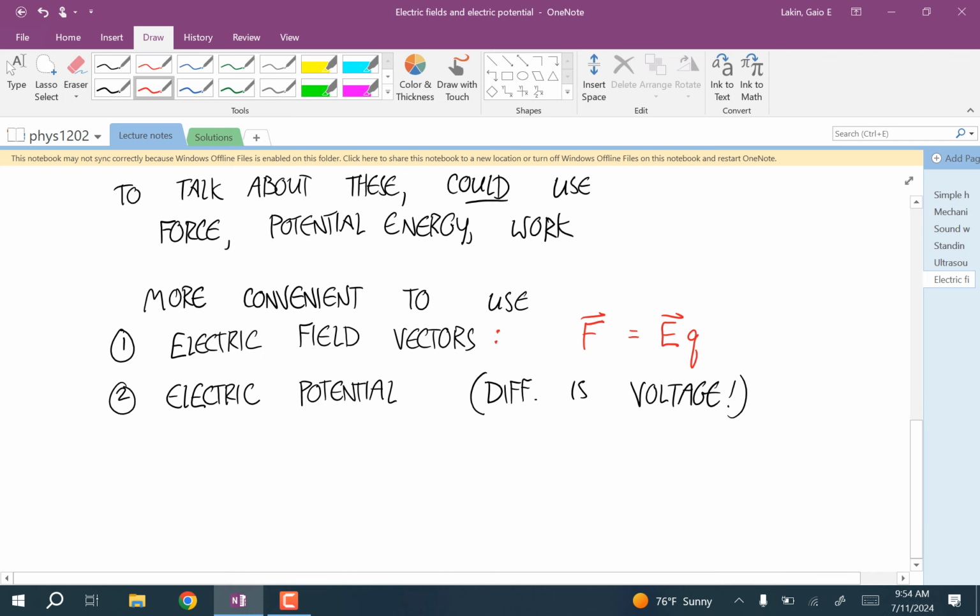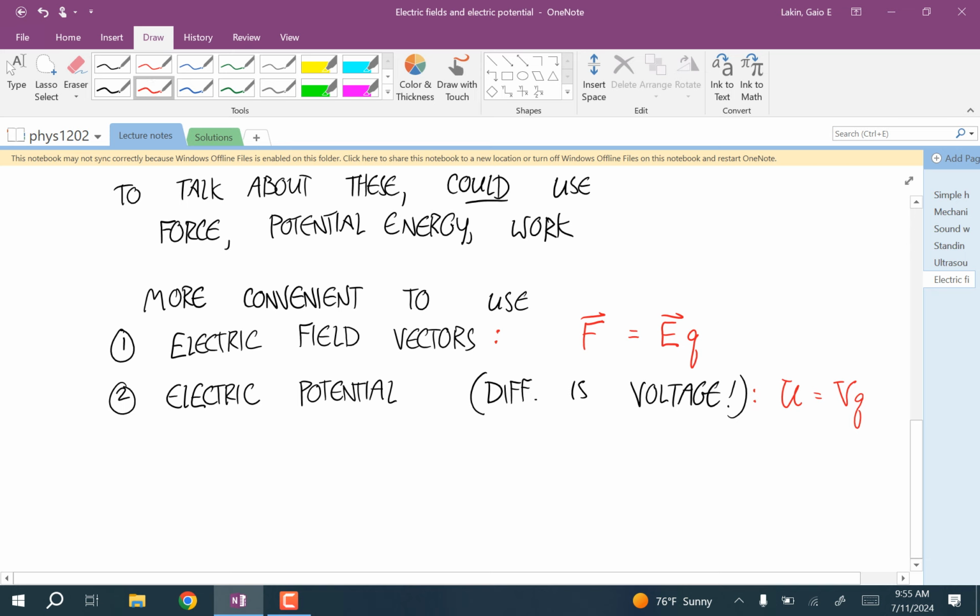And similarly, the electric potential is related to potential energy, where the potential energy is the electric potential times the object's charge. So basically, the difference between these quantities that we're used to, force and potential energy, and these new quantities, electric field vector and electric potential, just have to do with multiplying or dividing the charge of the particle that you're dealing with.